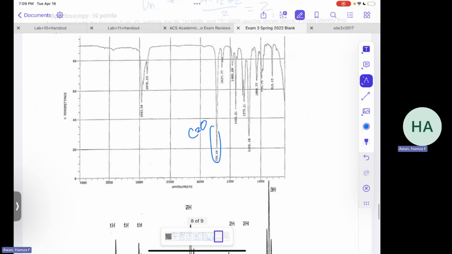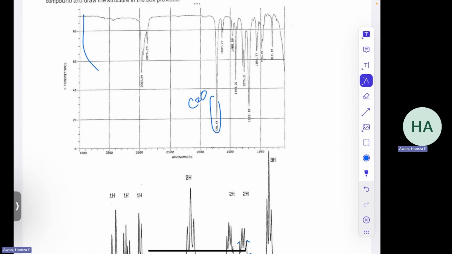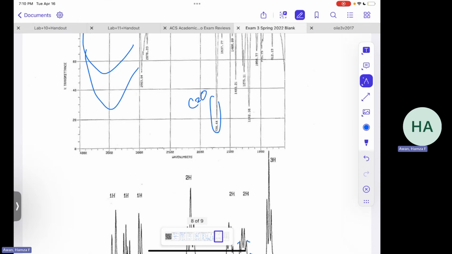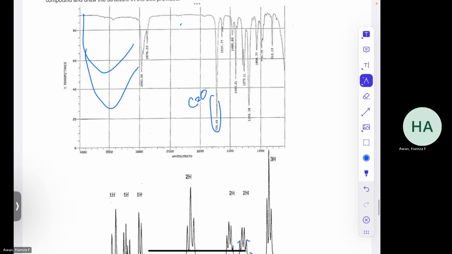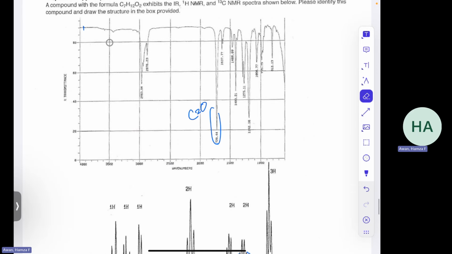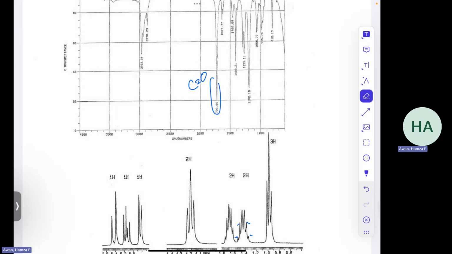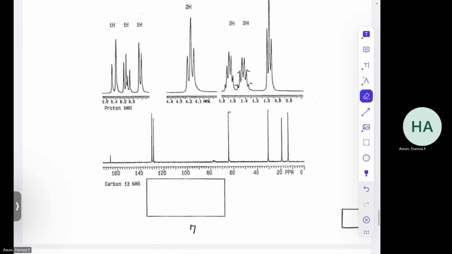So we know we have probably a ketone, probably not an alcohol, because usually for an alcohol we would have a very broad peak over here, but we don't have that. So it's just going to be a ketone from what we can tell.